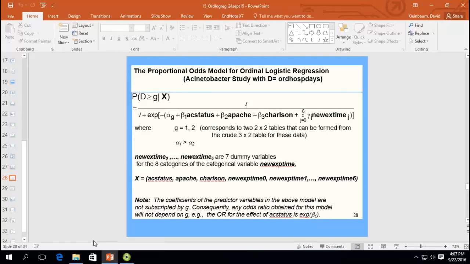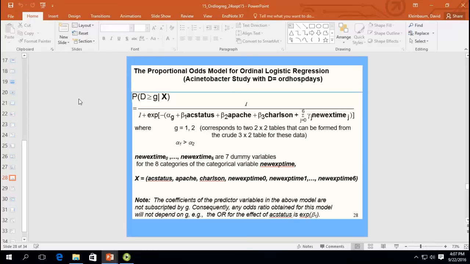So I've just pulled out a slide in the middle of the PowerPoint presentation on ordinal logistic regression. And what's on this slide? What I put on this slide is the formula for the ordinal logistic regression model that considered the Acinetobacter study, where the outcome variable was length of stay in the hospital, treated as an ordinal variable in 3 categories.